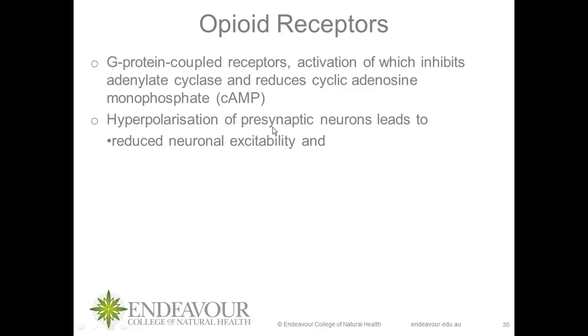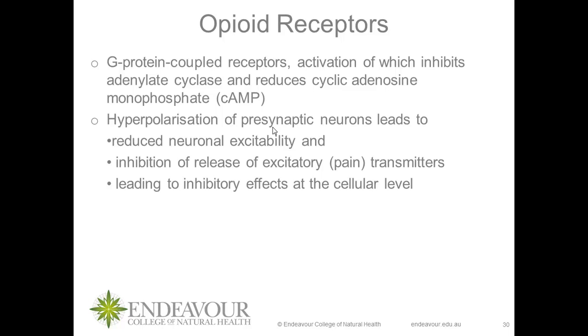We're particularly talking about that presynaptic neuron. So therefore, because it is hyperpolarized, it reduces its neuronal excitability. It inhibits the release of pain transmitters that would normally transmit that pain message.